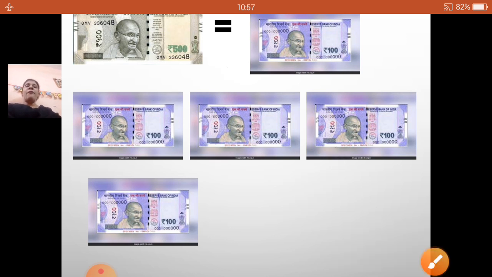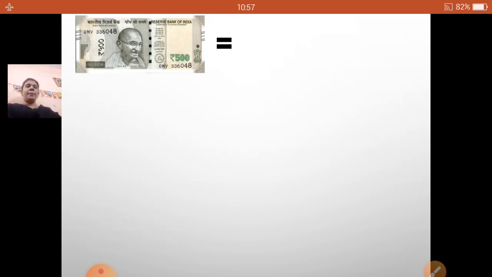That means 5 100 rupees notes will make rupees 500.